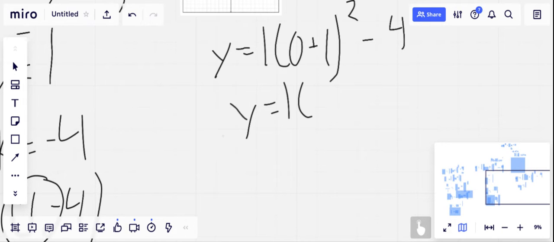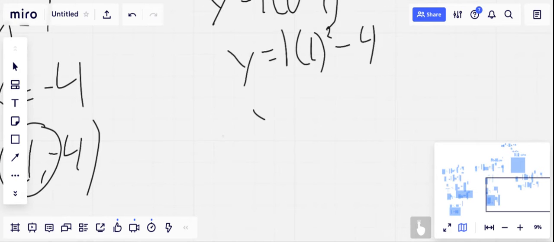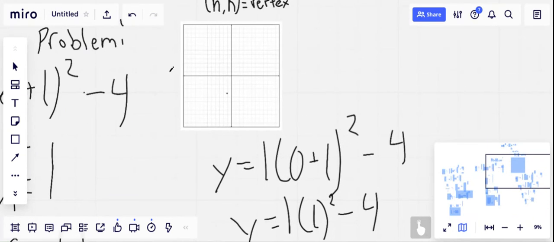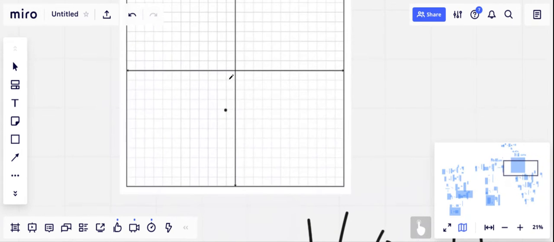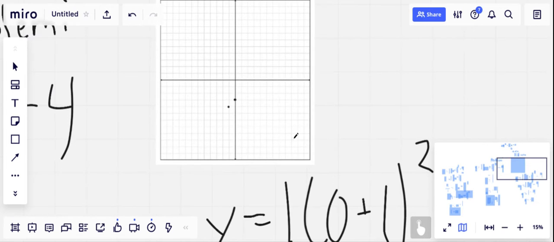We don't really have to keep writing the 1 times, but I'm writing it for clarification. It evaluates to y is equal to 1 minus 4, which would be y is equal to negative 3. So let's graph that. If y is equal to negative 3, then that's 1, 2, 3 right here.